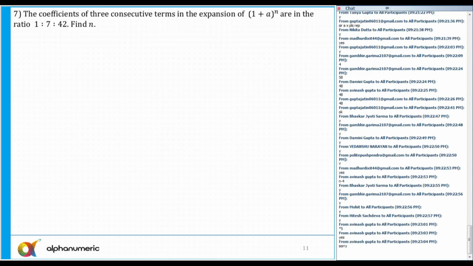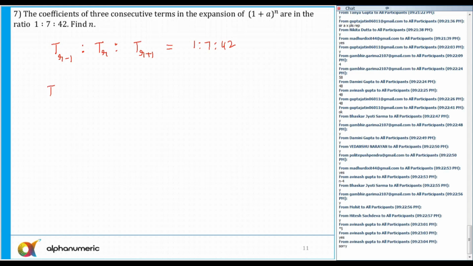Let's say the three consecutive terms are T(r minus 1), T r, T(r plus 1), and that is equal to 1 is to 7 is to 42. That is given to us.